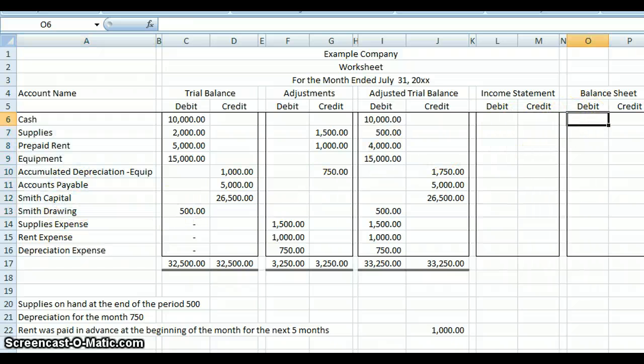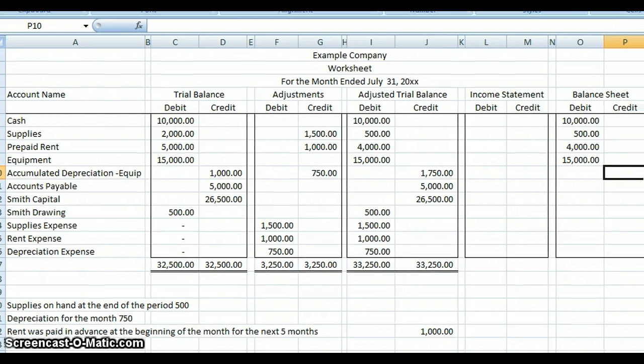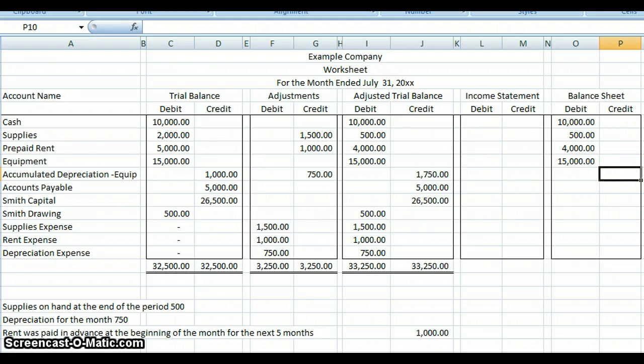So I will come over here to the balance sheet, and I'm going to put the $10,000 for cash, supplies, prepaid rent, equipment, accumulated depreciation, accounts payable, and capital, and oops, not capital, 26,500, capital and drawing.